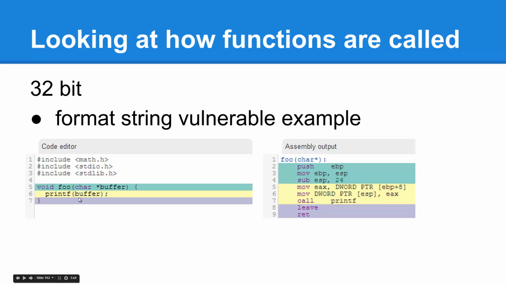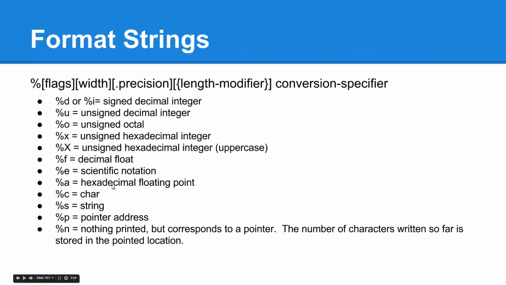There's nothing preventing this from containing format specifiers itself, and then making the code think to keep looking on the stack to match those conversion specifiers and print them out. But we'll show that off in a little bit. I'm getting ahead of myself.